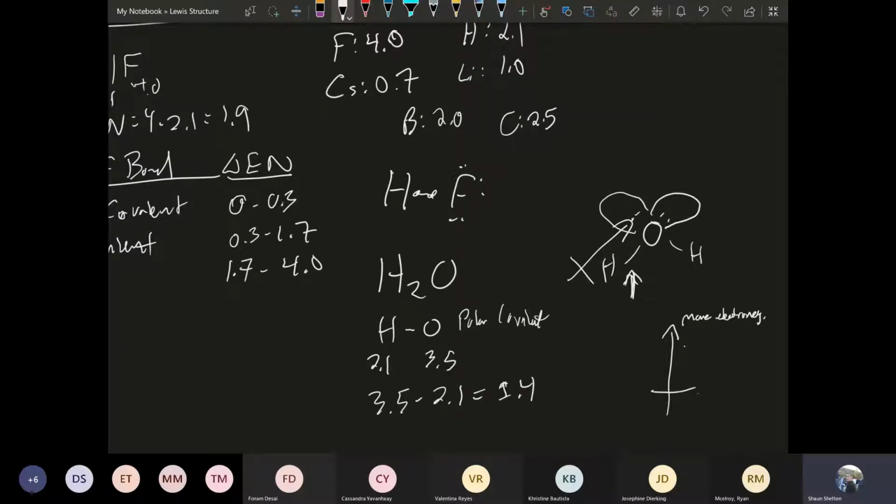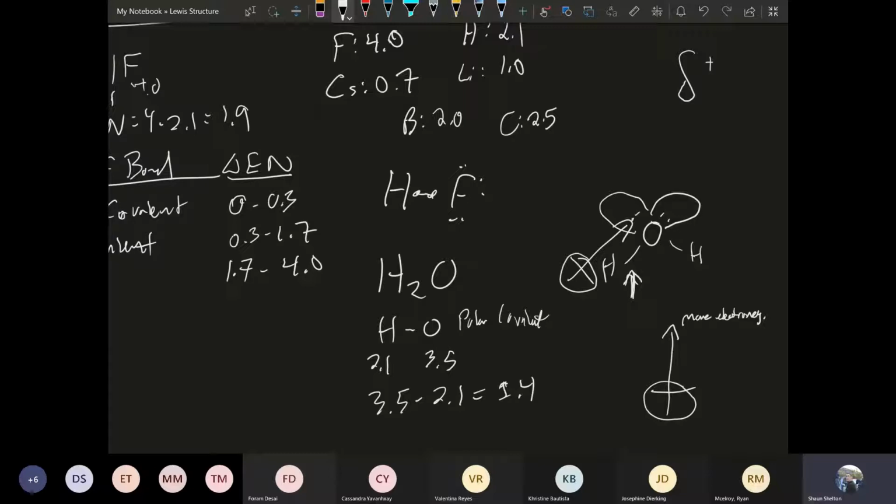And so when it pulls the electrons towards the oxygen, it creates a partial positive charge at the bottom. And that's why we draw this plus sign on the hydrogen, because as it pulls electrons away, it causes hydrogen to be partially positive. Now it's not a full positive charge. The symbol we use for that is like a 3/4 8.